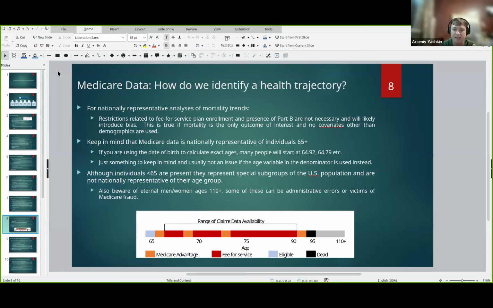So which plan did you go to? You could go to Medicare Advantage, you could go to fee-for-service, you can switch, and eventually you die. And with the NLTCS, Eric's slide showed us that for the most part, we know when our people die. And if they didn't die yet, not that many years left, right? Give it another 5 to 10 years, and the survey should be done all the way through. So this gives you a range of claims data availability.